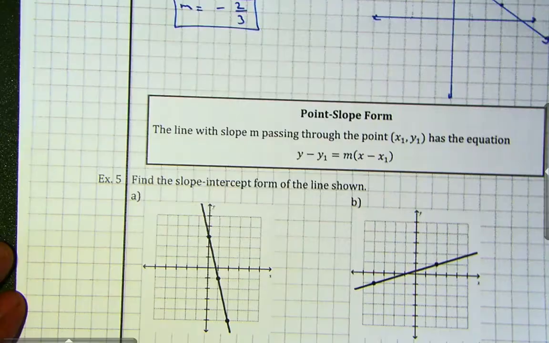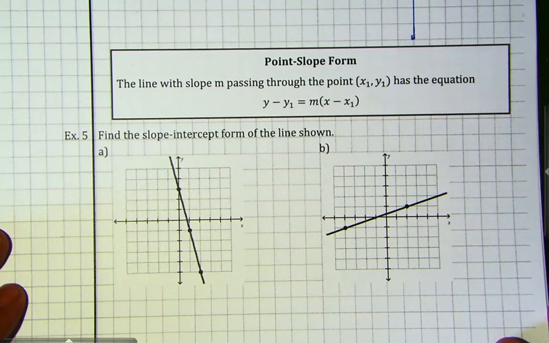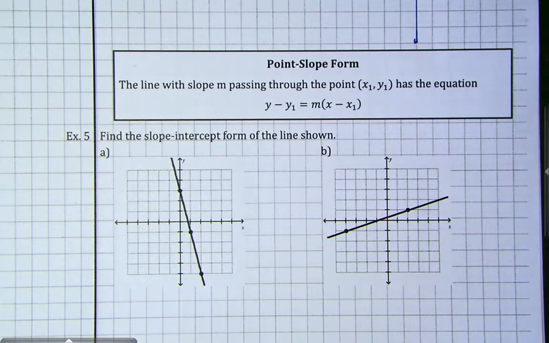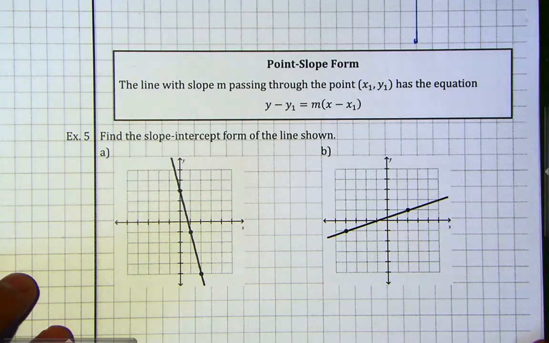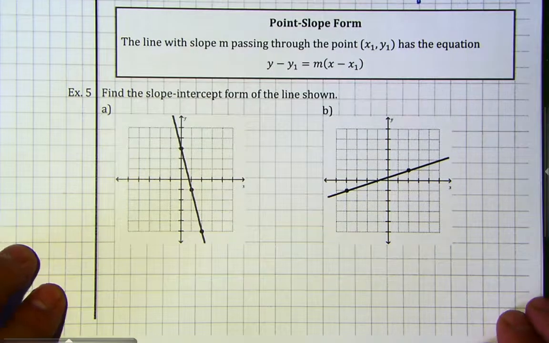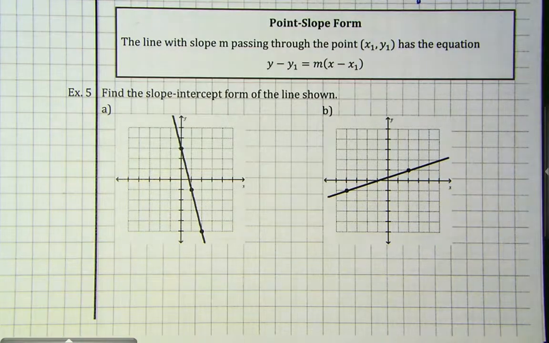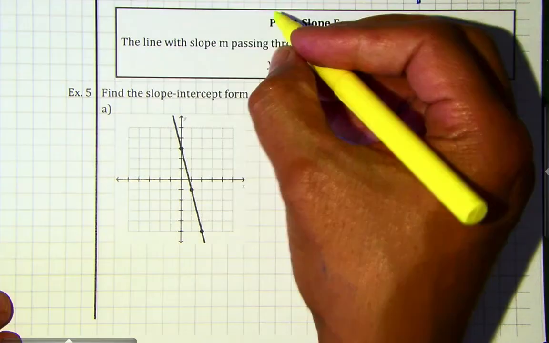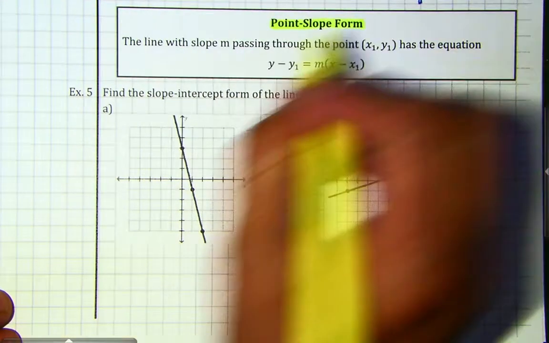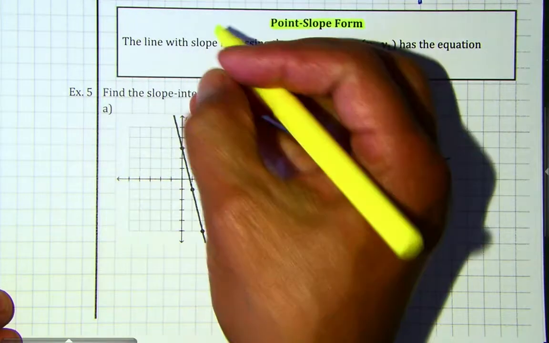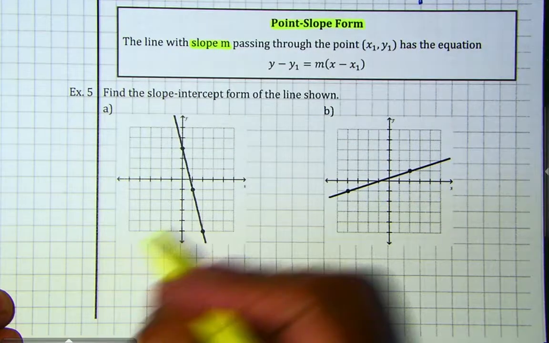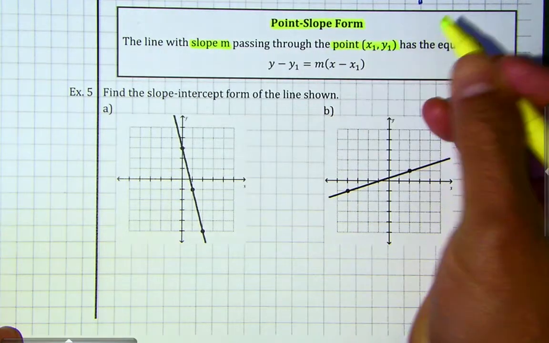Example number 5. Go and paste it, and we can work it out once you are ready. Go and pause it. So we have the points so far. The line with slope m, so we have our slope, and passing through a specific point, has the following equation.